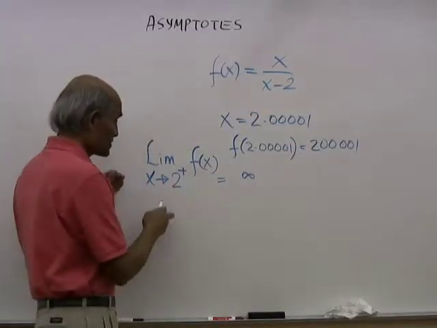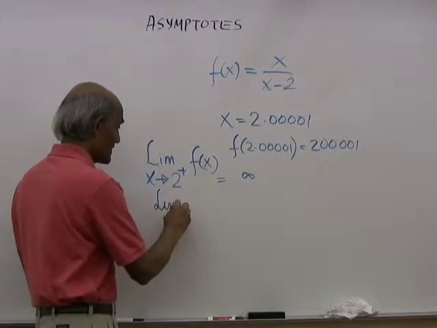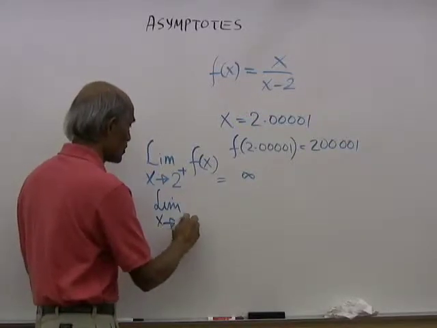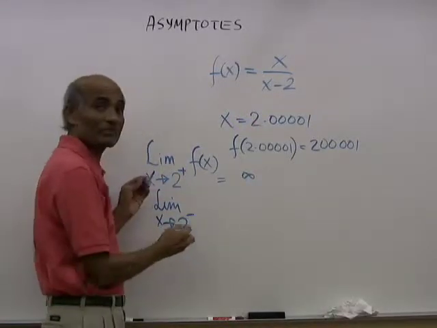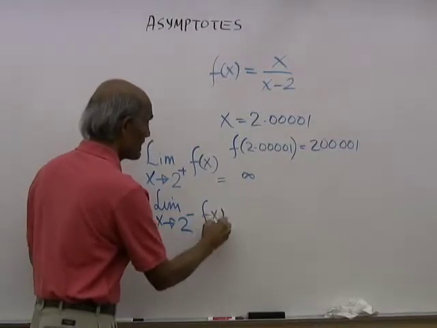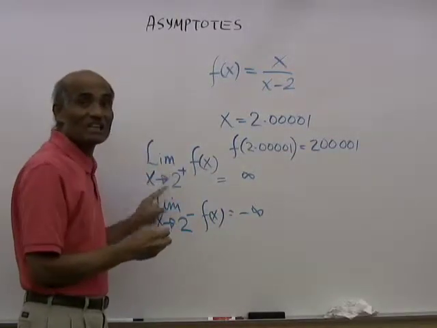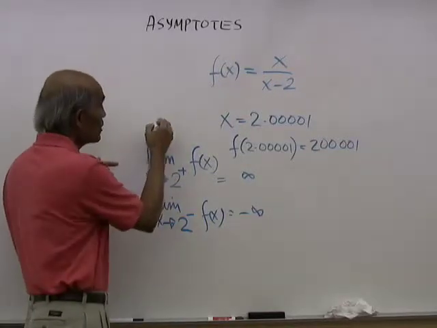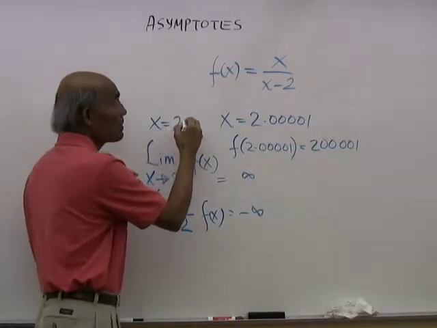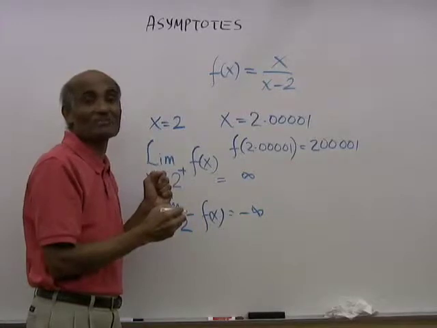And as x gets closer and closer to 2 from the left, the function value approaches negative infinity. In such a case, x equal to 2 is called a vertical asymptote.